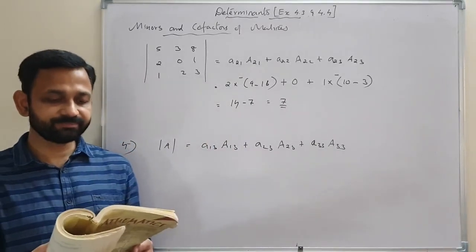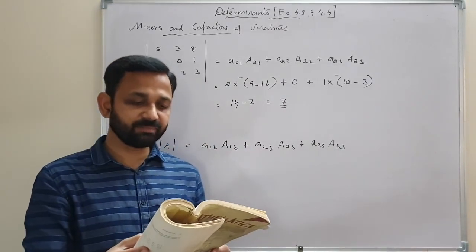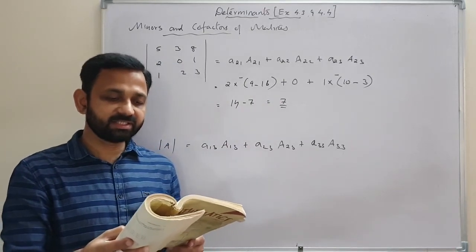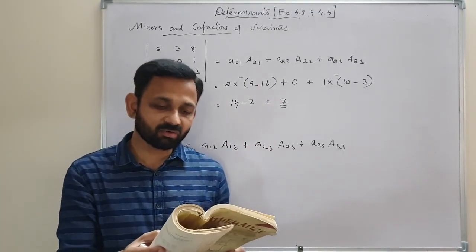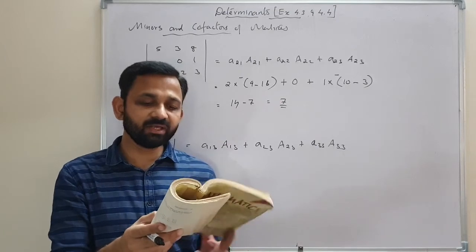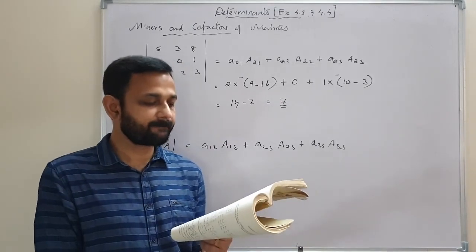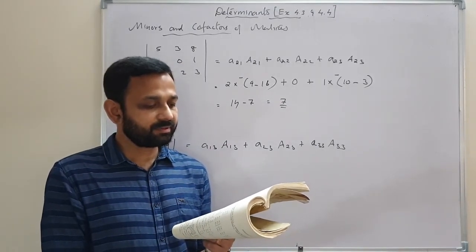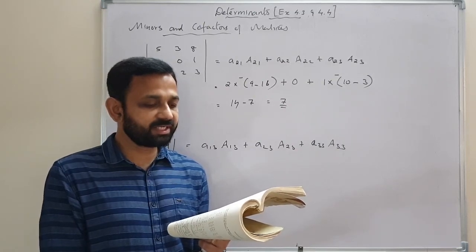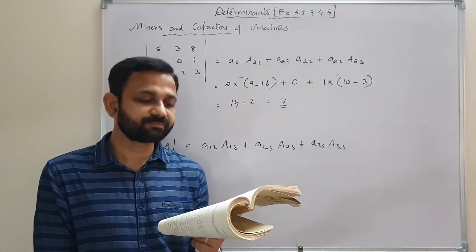Then question number 5. Determinant is given, and Aij is the cofactor of aij. Then value of determinant is given by, here we have 4 options.